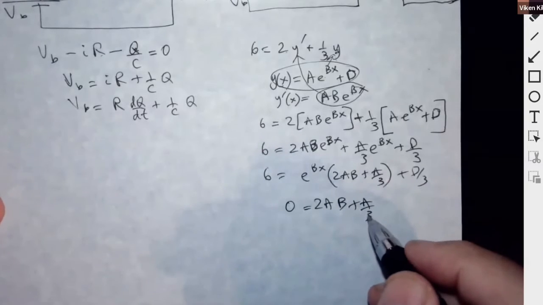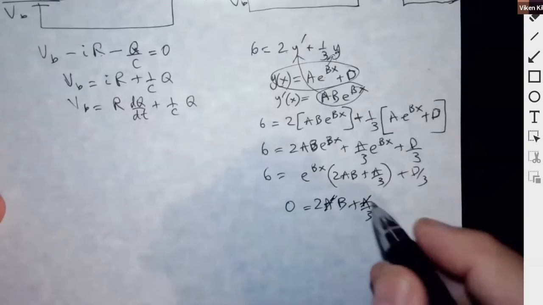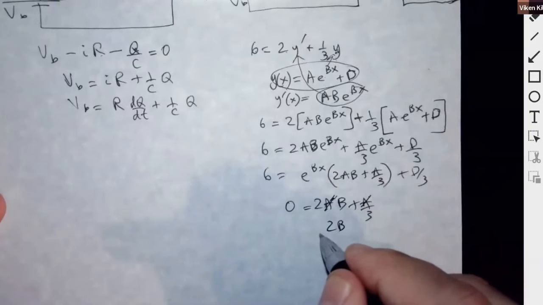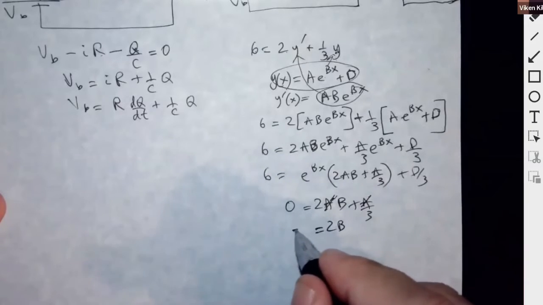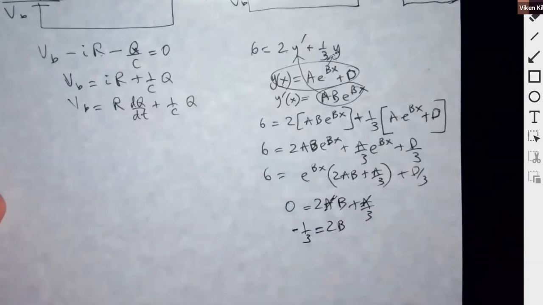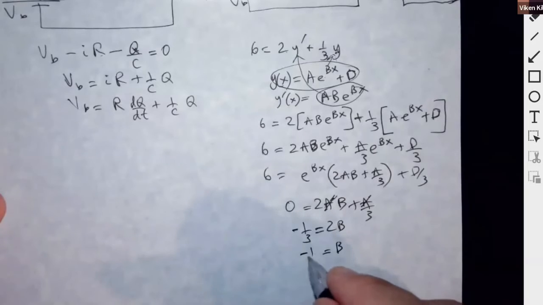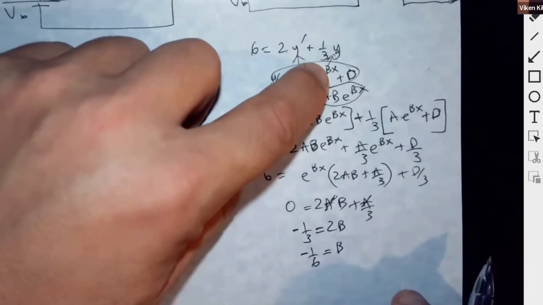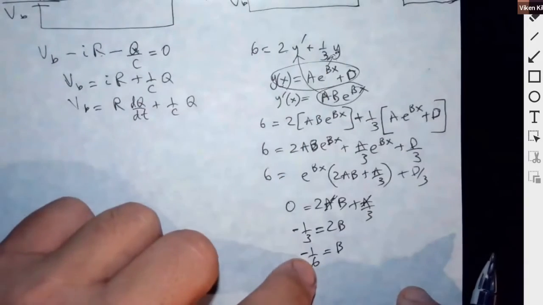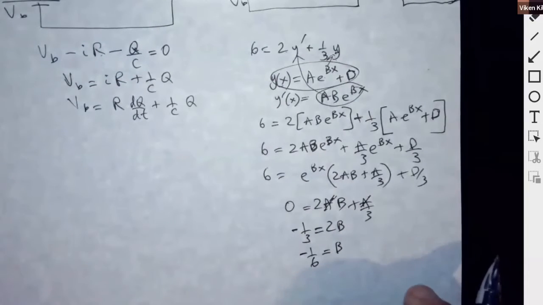And then what do we conclude from there? A and a cancel. And then 2b equals negative 1/3, right? And then b is equal to negative 1/6.